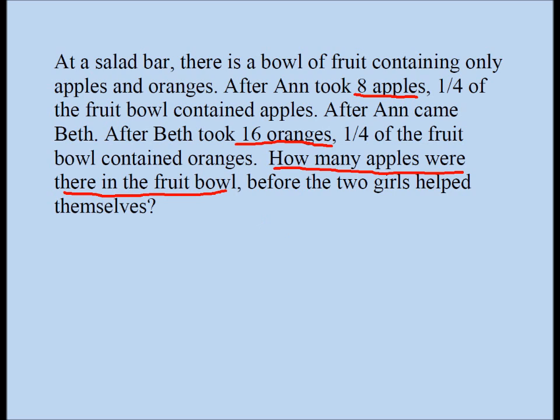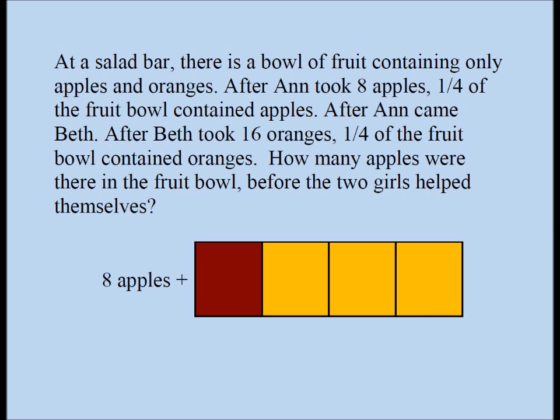It's a good idea at this point in time to pause the video and write down the question and make sure we truly understand the question. All right, so Anne took 8 apples, and this is the fruit bowl.